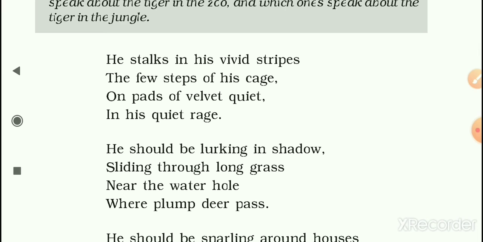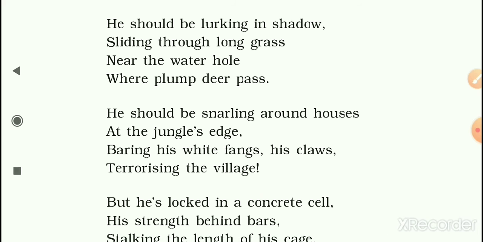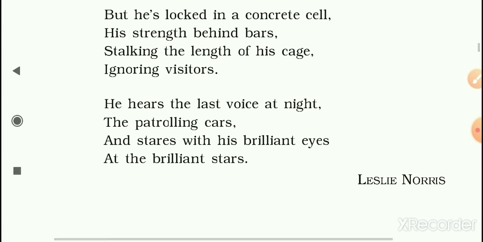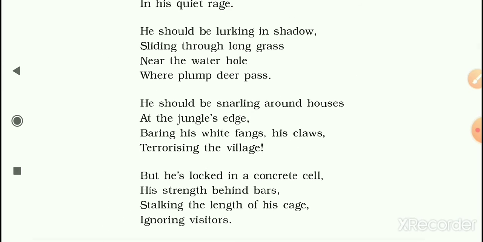When we are reading this poem, the words are being used in such a manner that we can draw in our mind the condition of the tiger, how everyone is coming and the tiger is ignoring them, how the tiger is quiet though he is very angry, he is forced to remain quiet because he knows that he is helpless, and how the two scenarios are being contrasted, the tiger's behavior in his natural habitat and his behavior in this forced cell. So that is imagery.